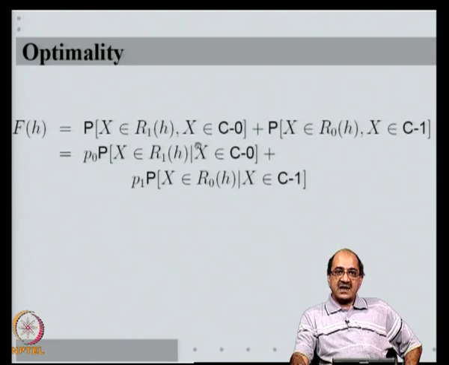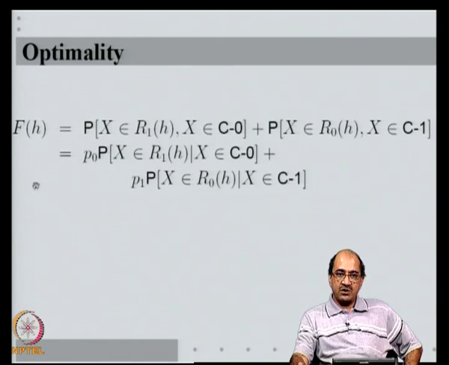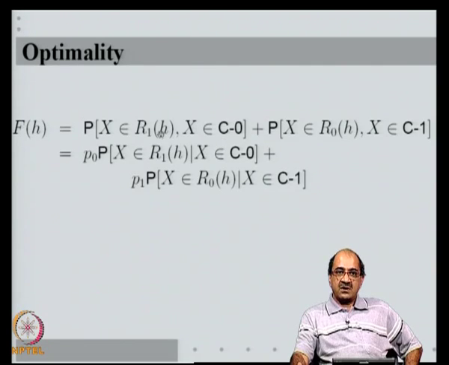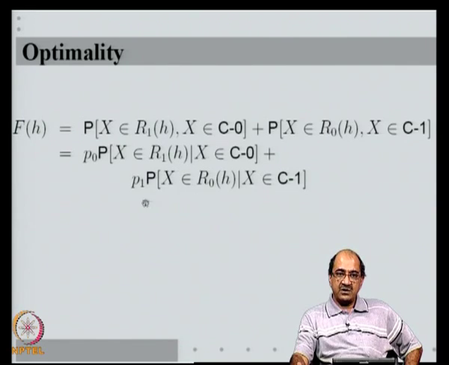Now, we can always write probability of A and B as probability of A given B times probability of B. So, here I can write this as probability X belongs to R1 of H conditioned on X belonging to C0, multiplied by probability X belongs to C0, which is the prior probability P0. So, now F of H becomes P0 times probability X belongs to R1 of H conditioned on X belongs to C0, plus P1 times probability X belongs to R0 of H conditioned on X belongs to C1.